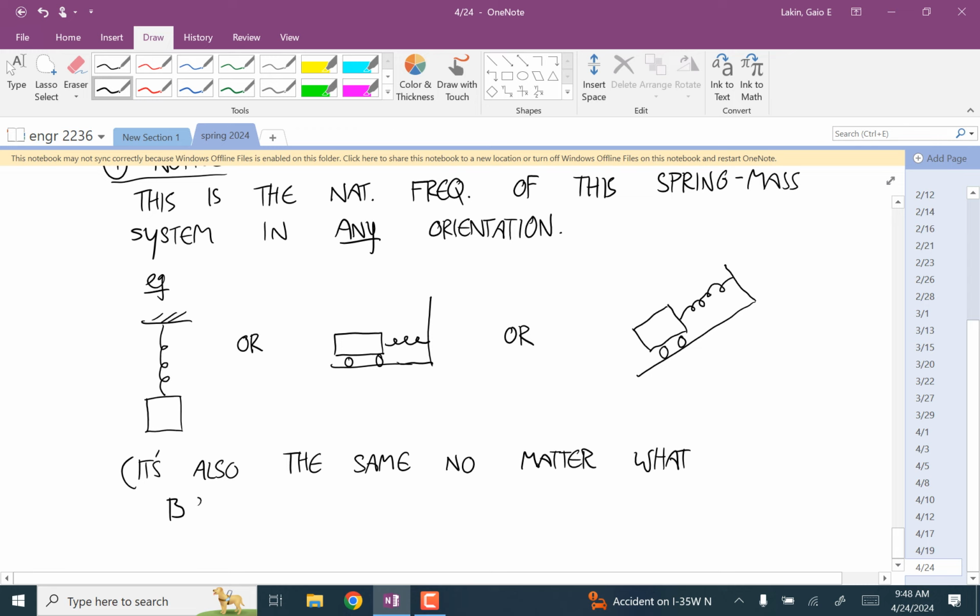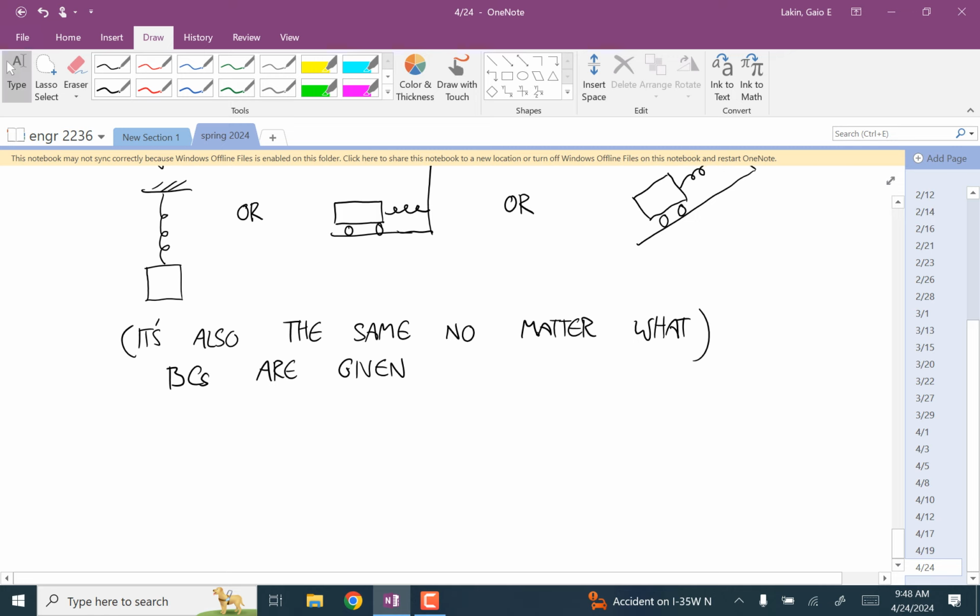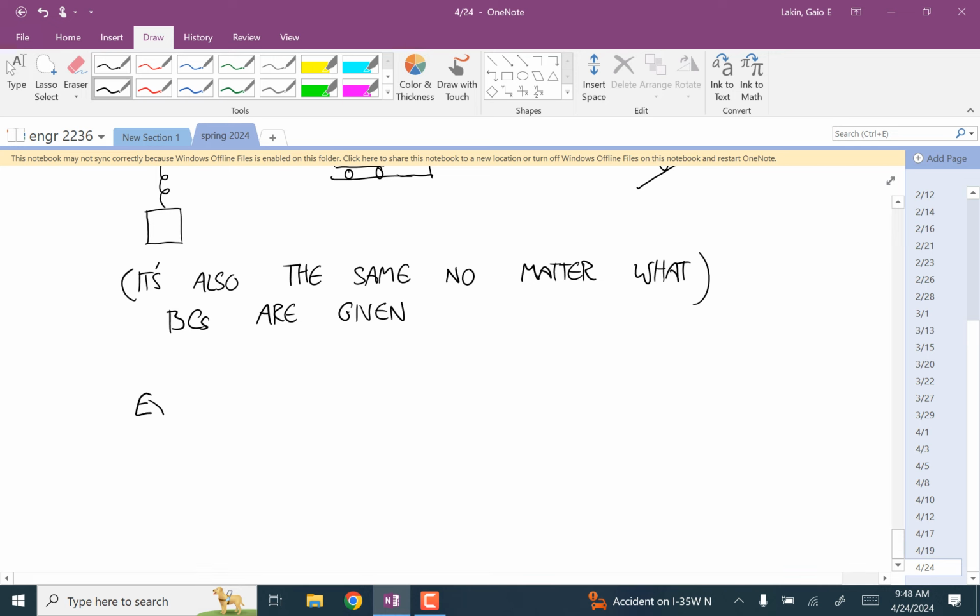So let's say no matter what boundary conditions are given. Let me do that real quick. I think I can do this in a minute or two.